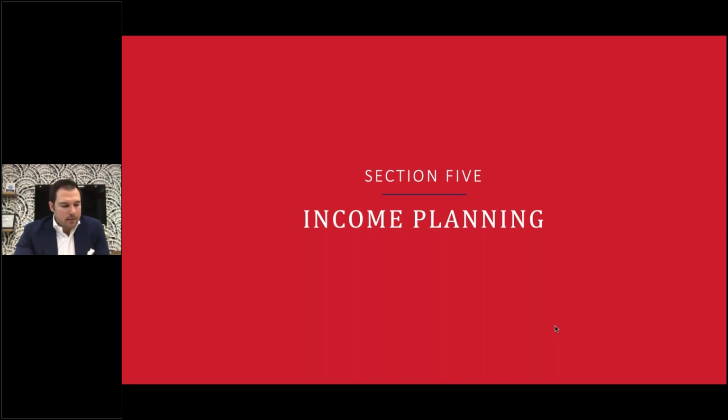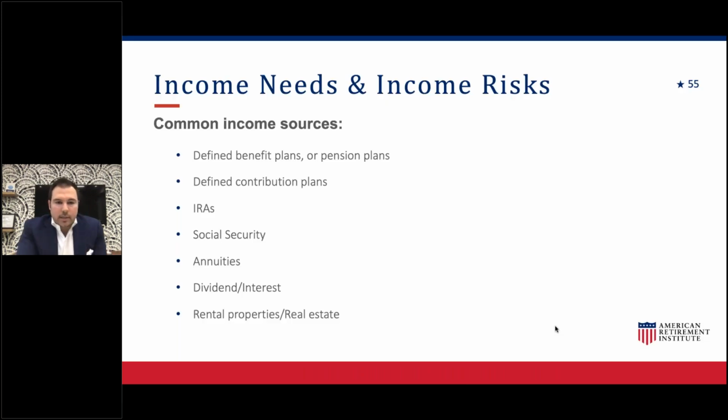Number 5, income planning. Look, when it comes to retirement, it's all about income. Income is what makes the world go round, okay? And in retirement especially. So think about this. You work for 20, 30, 40, 50 years. All you focused on is accumulating enough money to generate enough income for you in retirement.